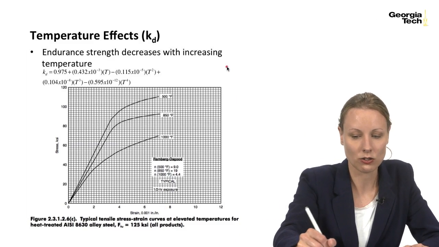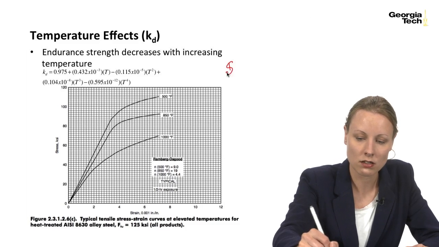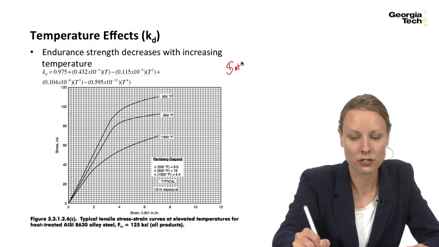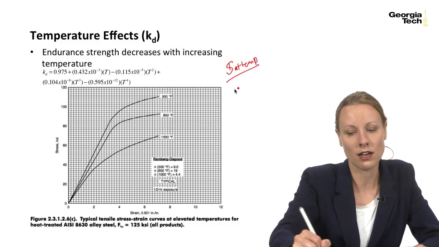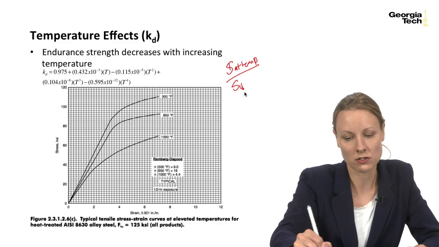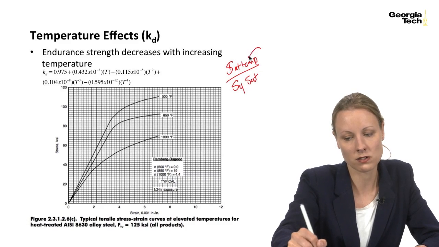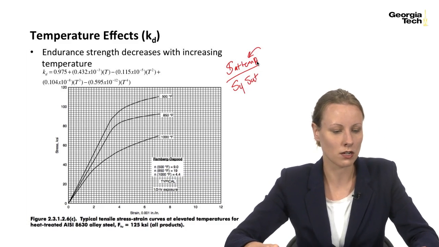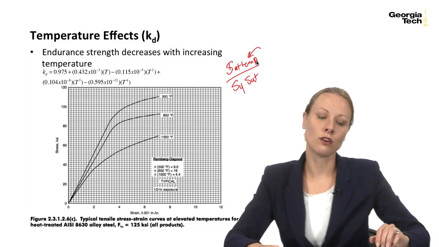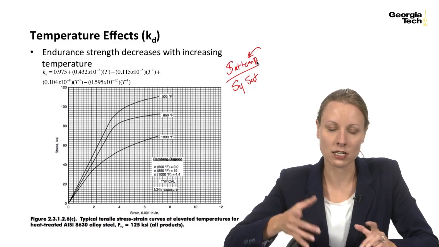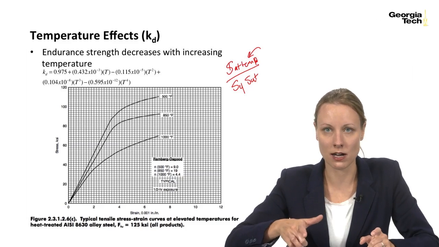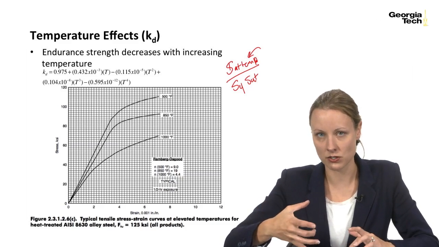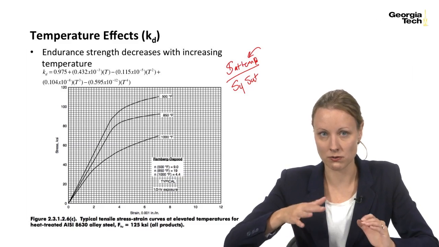They'll say the strength at temperature divided by the yield or ultimate strength, depending on if this was an ultimate or yield strength. And if you have data that shows the temperature profile per tensile strength, you should absolutely use that.